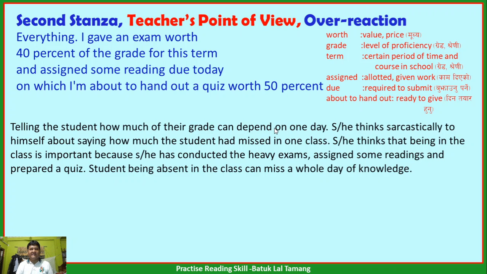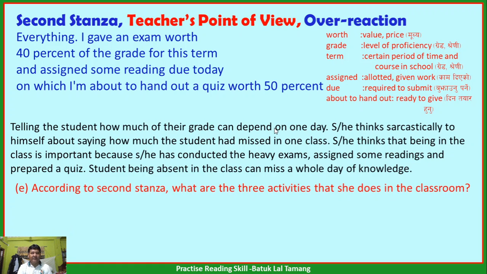I think this activity is not possible within a single period of the day. That's why this is the overreaction from the side of the narrator, from the side of the teacher. That's why this stanza has been written in an overreaction tone.